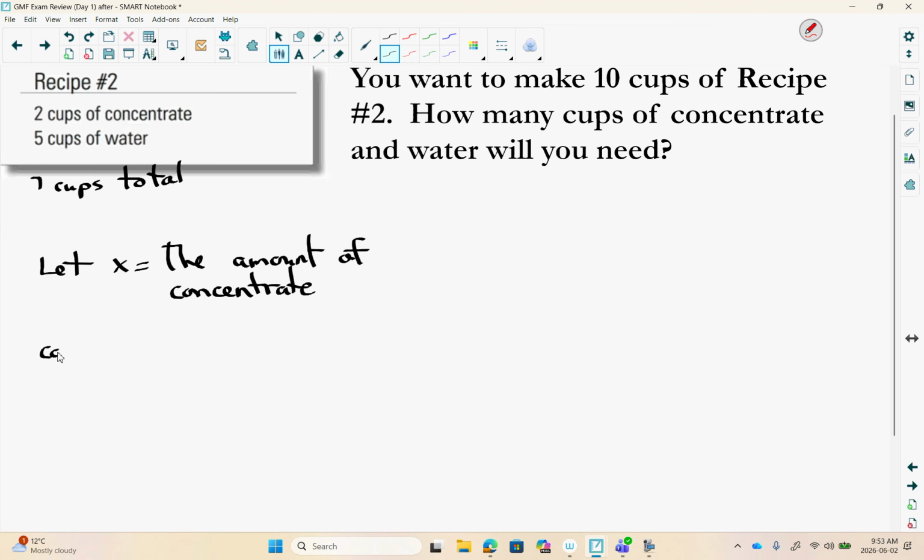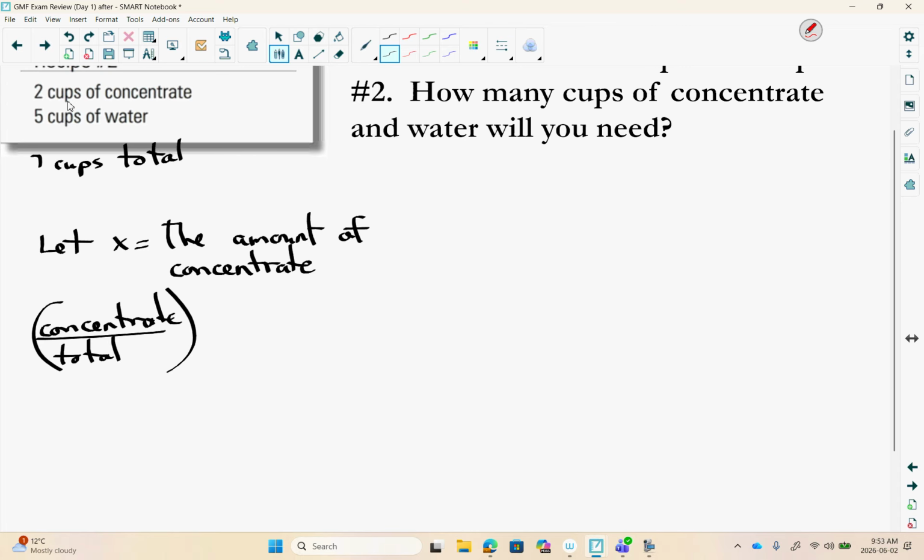I'm going to go concentrate not over water, but over what? Total. This is how I need to set it up. So the concentrate over the total.